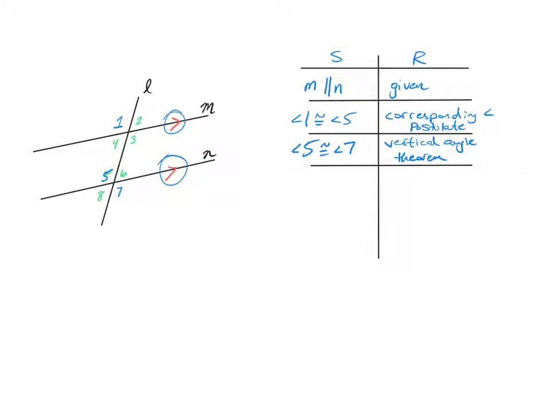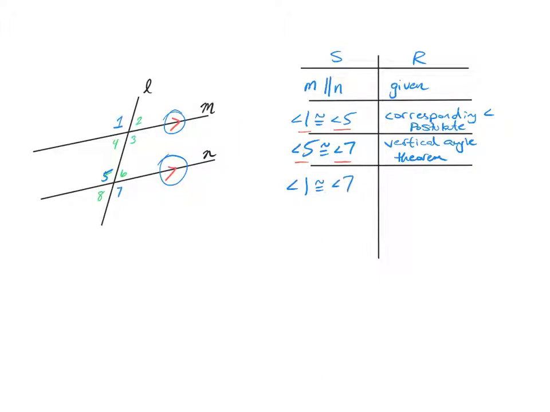Nice. Now that I've done all this work, is there some way I can go from angle 1 to angle 7? Let's see. Angle 1 is congruent to angle 5, and angle 5 is congruent to angle 7. Well, hopefully you remember some of our properties that if we have a statement like this, we can skip the middleman and just jump straight from angle 1 being congruent to all the way to angle 7.